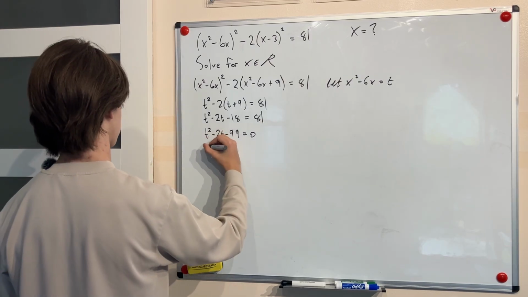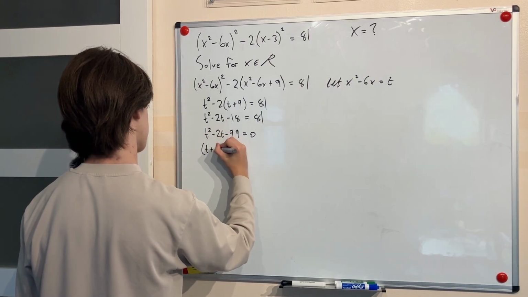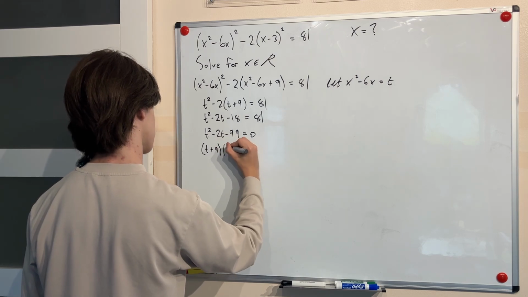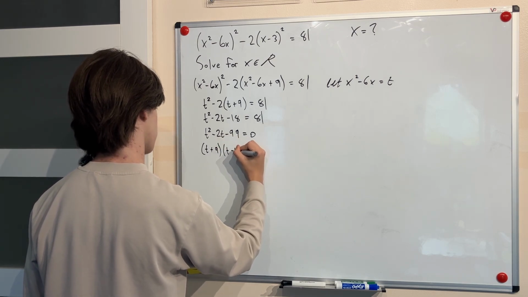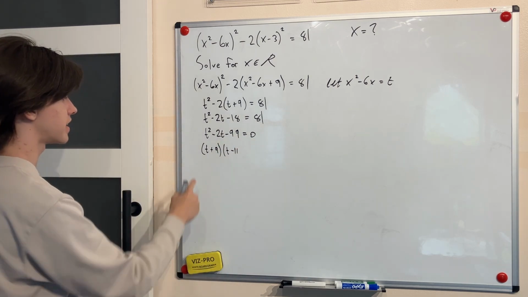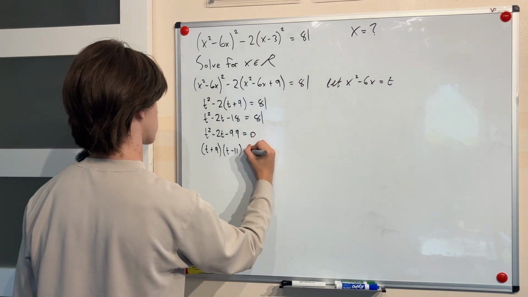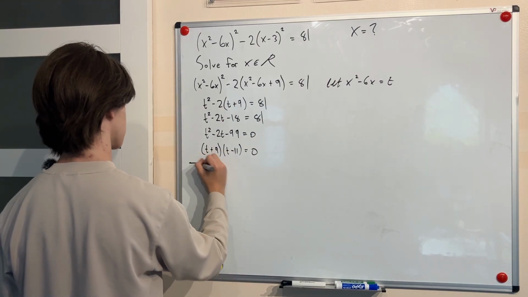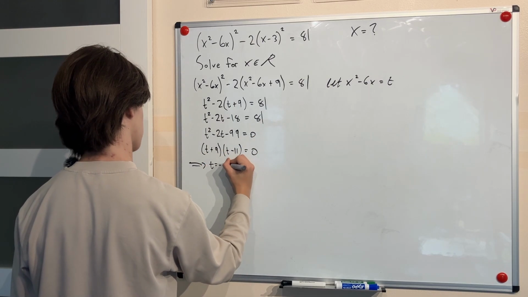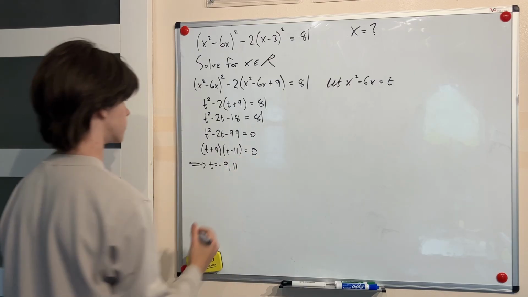So that's going to be our factoring here. It's going to be (t plus 9) times (t minus 11), right? Yeah, 9 minus 11, that's minus 2. Good. That means t is equal to minus 9 and 11.